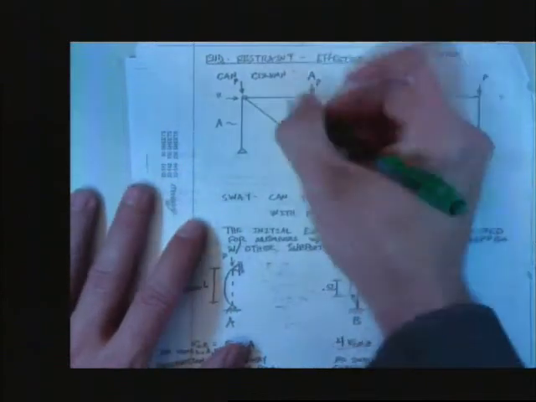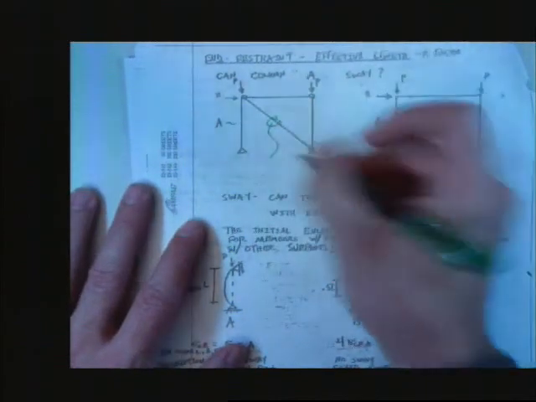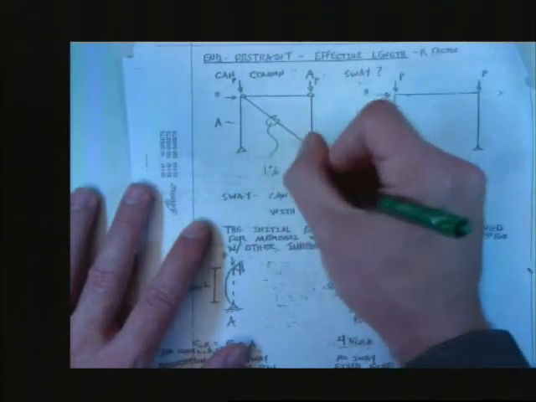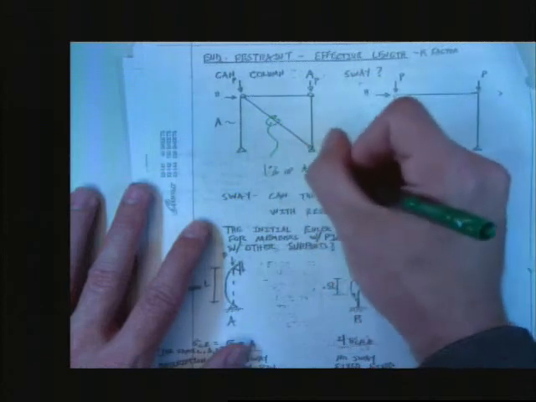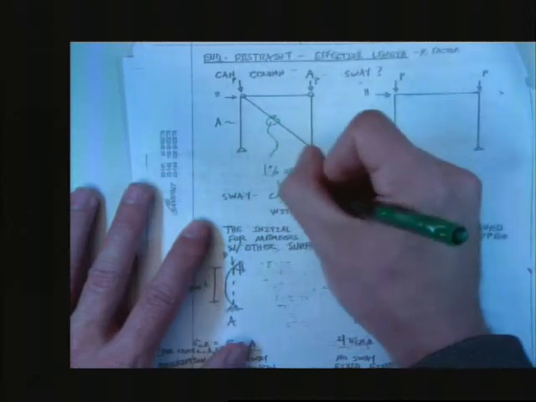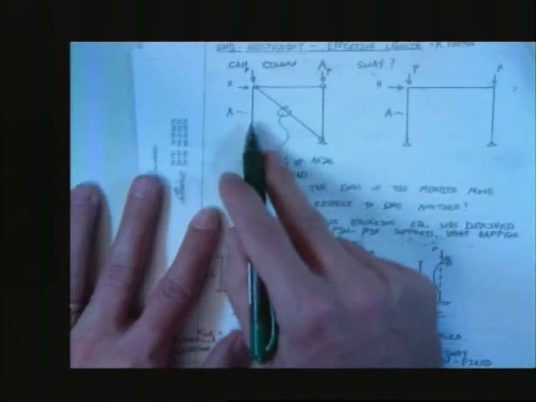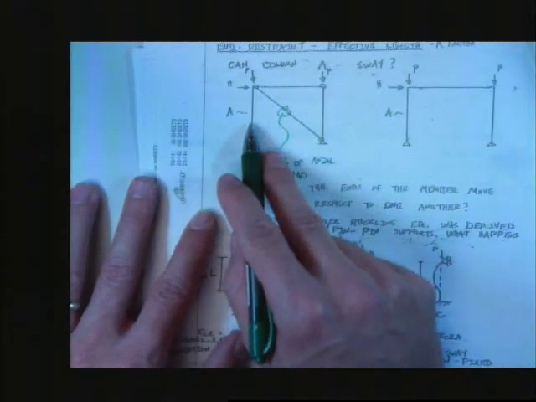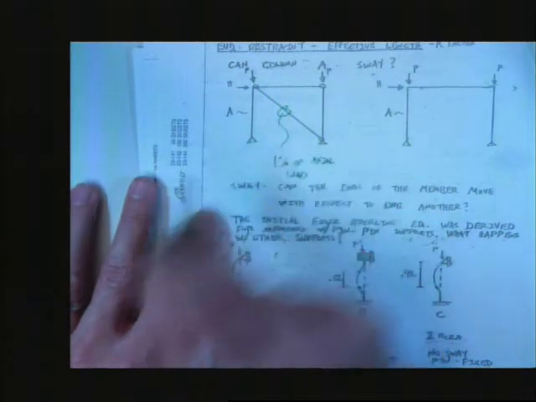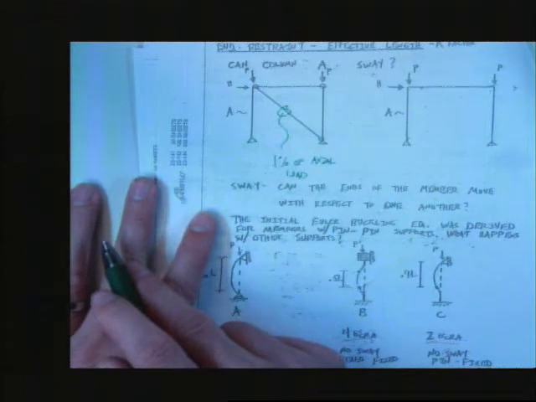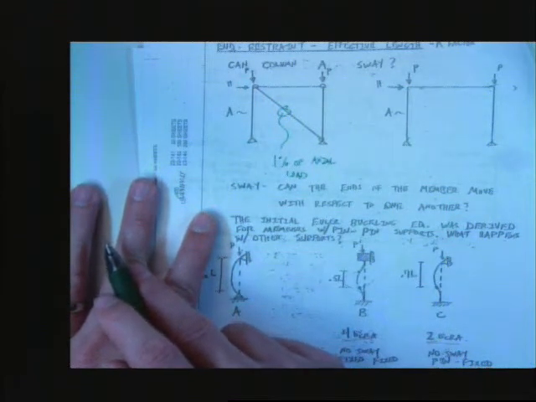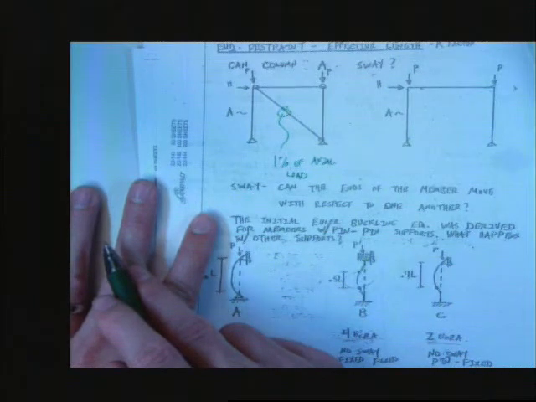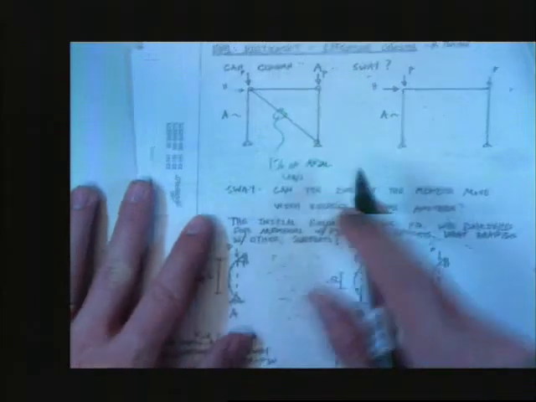The rule of thumb for brace design is 1% of the axial load in this column. Design a brace for that, and you are good. I'll prove it to you later.